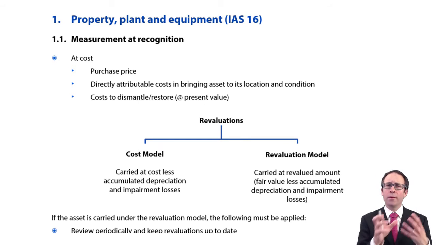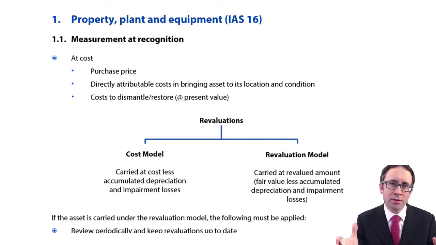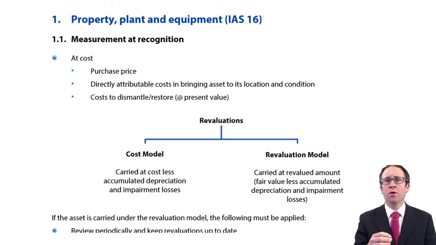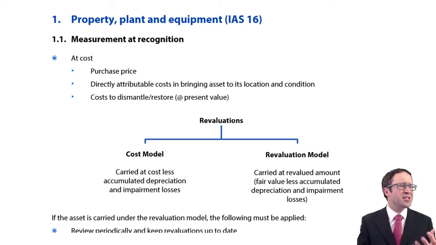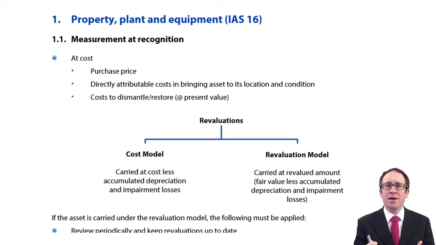So it's important to know what property, plant and equipment is. The key bit is that you're using it to produce goods or to provide services, or use it for administrative purposes for longer than 1 year. Once you've identified that it's PPE, so at this level it's clear that it will be PPE.